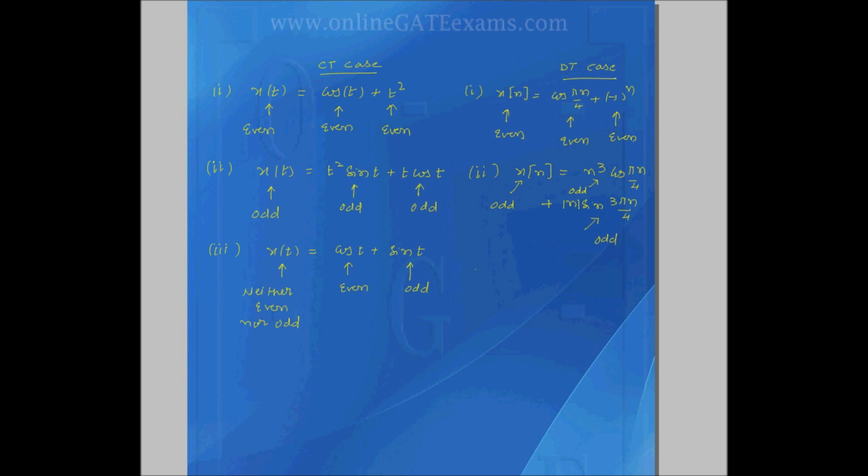As a final example, we take x[n] to be cos(3πn/7) plus sin(6πn/11). Okay, so this fellow is odd, this fellow is even, so this fellow is neither even nor odd.